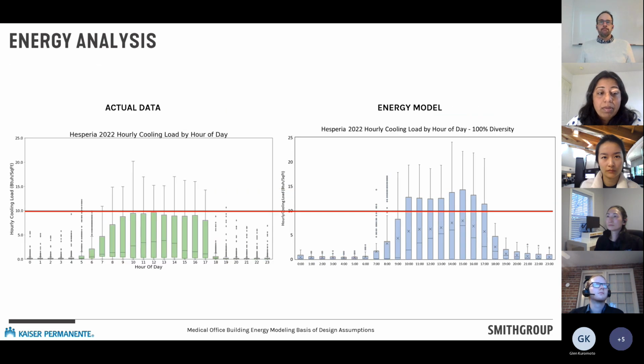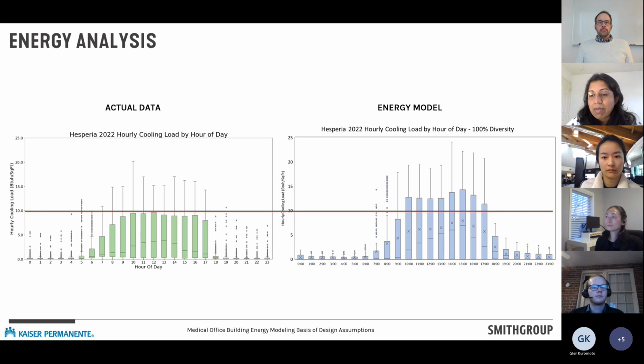Okay. So based on all these assumptions, we performed our energy analysis, and these are the results. Jessica already explained this earlier. It's the same graph. On the left side, you can see the actual data from the BMS, and on the right side, the energy model results.